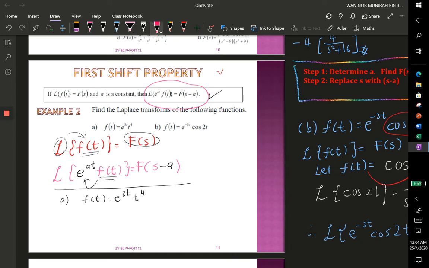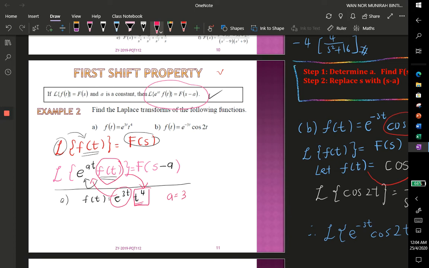So if you have e^(at) multiplied by another function that exists in your table of Laplace transforms, then you need to apply the first shift property. If you compare with the formula, you will find that this is your e^(at), where your a is 3, while your f(t) is t^4.